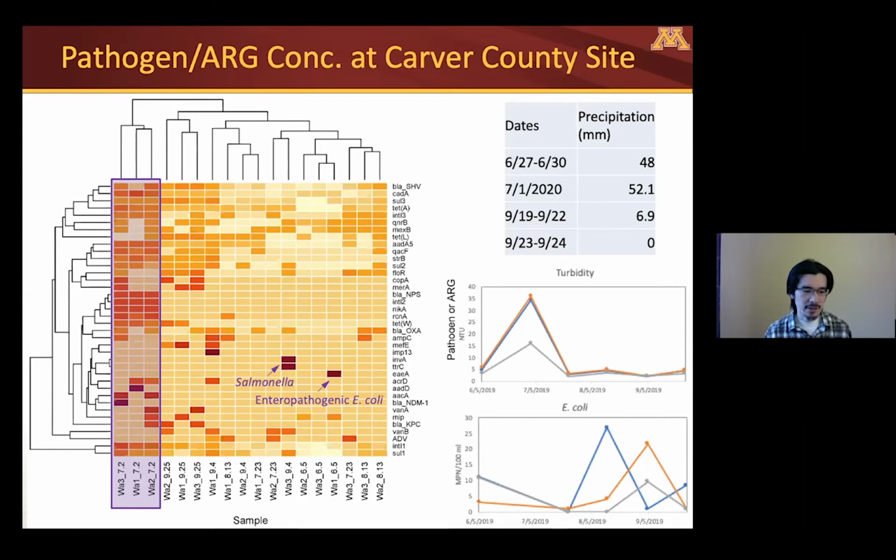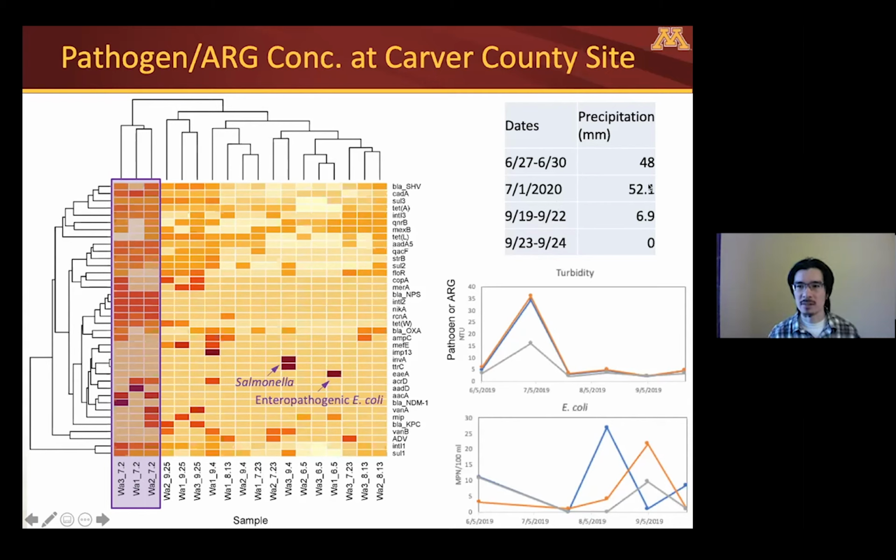One interesting thing at this site is that there was a big storm event right before the collection on July 2nd. This is the precipitation data on the top right corner.